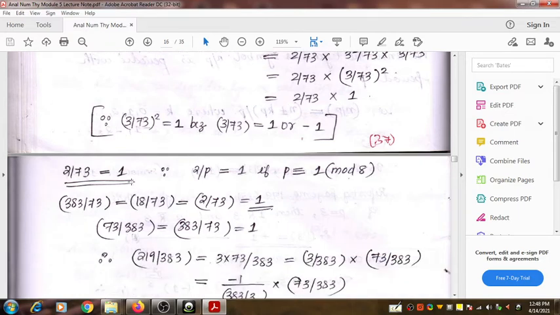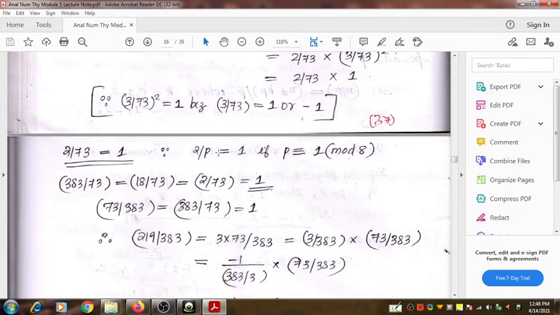We can obtain it since (2 bar p) equals plus 1 if p is congruent to 1 mod 8.